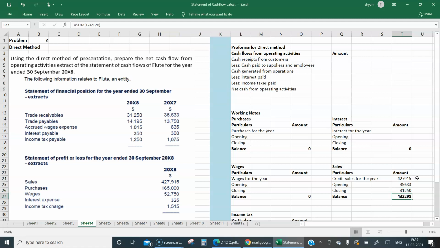So this is what the company has to receive, and this is what the company still has pending, and the difference is what the company would have received as cash from customers. So we'll copy this number and put it here.